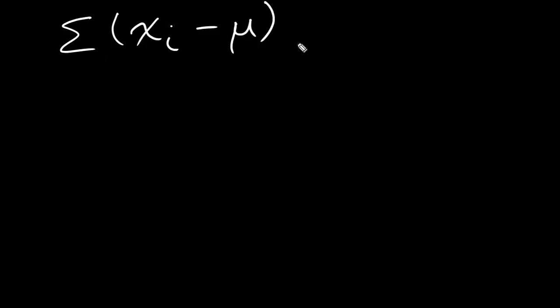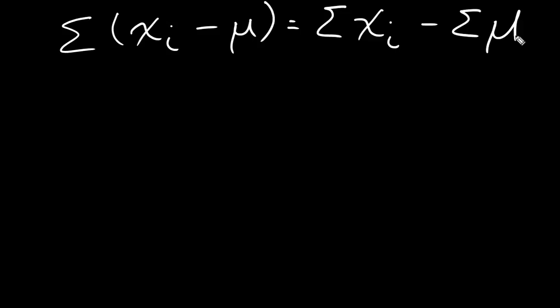When we are taking these sums, we can break this apart a little. We can distribute that sum so that we have the sum of xi minus the sum of mu. Then we take that sum of xi, and we expand mu.